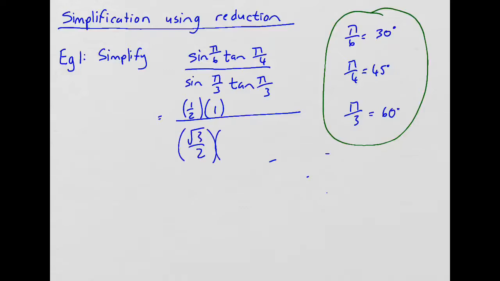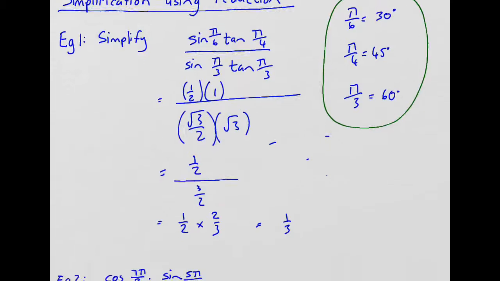And tan pi over 3 is tan of 60, which is root 3. Right, simplifying, we get a half at the top, and we get 3 over 2 at the bottom. And if we tip in times, it gives us a half times 2 over 3, which equals a third.